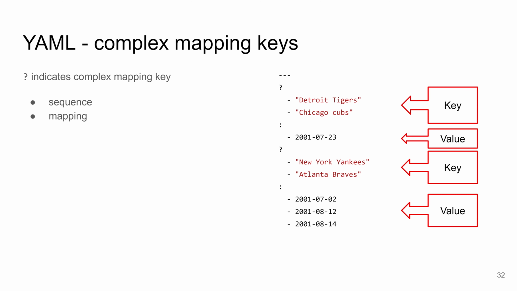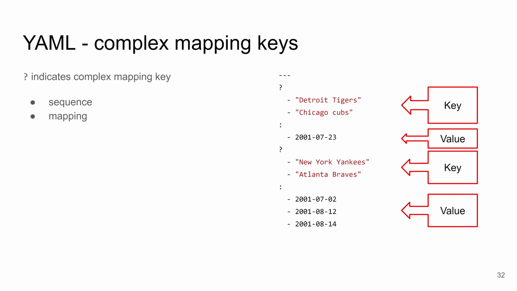So here we have a key, which actually is not a simple string. It is a sequence of two values. And this sequence of two values as a key maps to a value, which in this case is a sequence of, again, strings or dates in this case. And then we have another key value pair where the key is a sequence of two things, New York Yankees and Atlanta Braves.